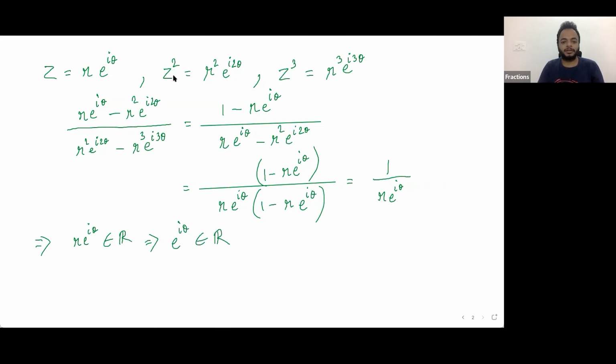Okay. And so what is e to the power i theta? That is cos theta plus i sin theta. So if this has to be in R, that means this part has to vanish. And so that implies that theta is of the form some integer multiple of pi.